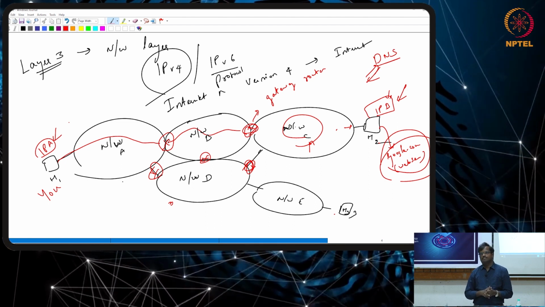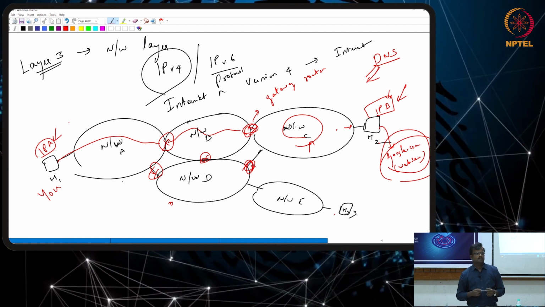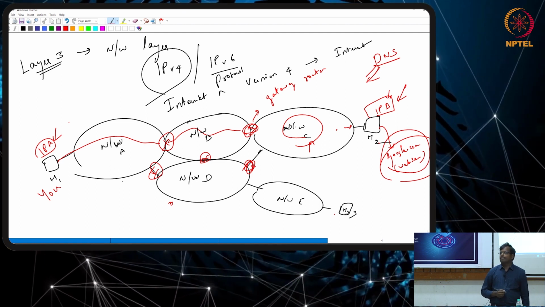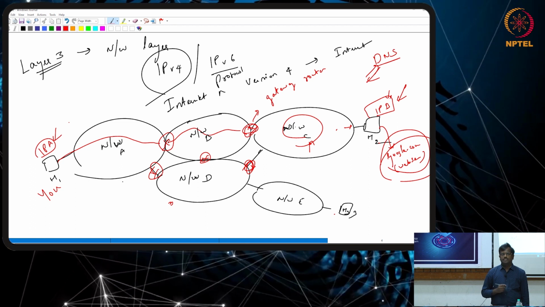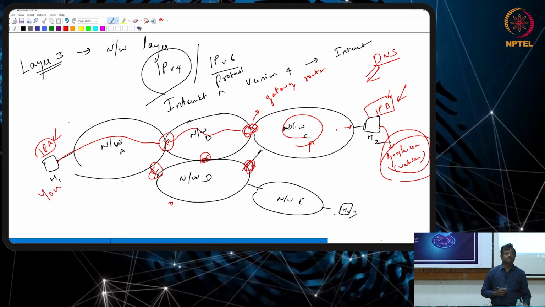What is that? That's also a protocol. Which protocol assigns you an IP address when you are connected to the system?